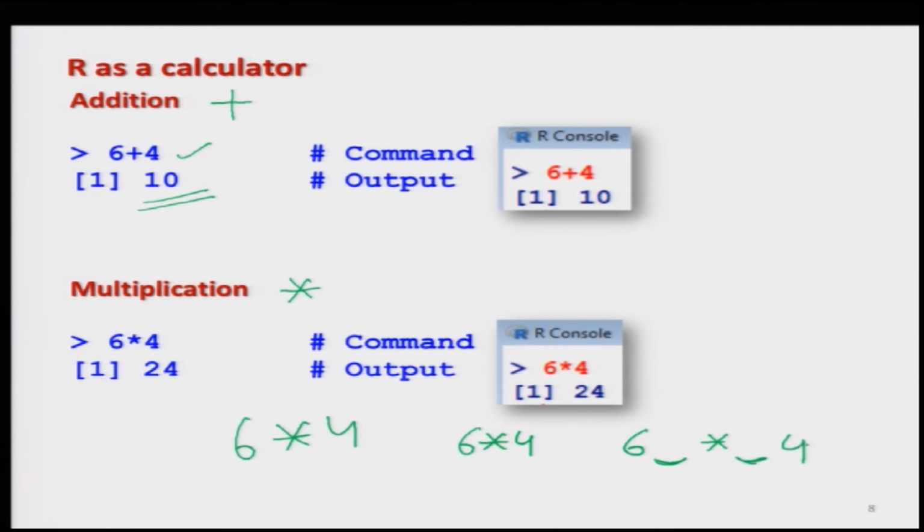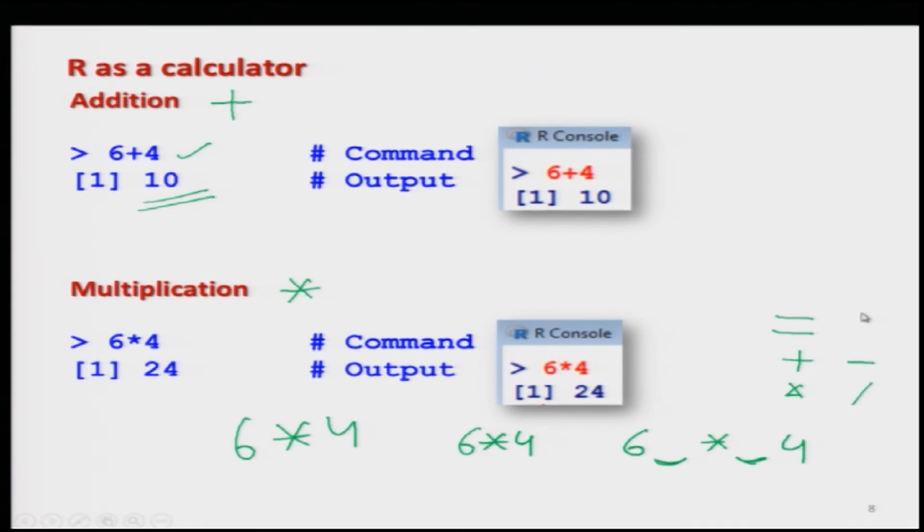They will give us the same number. I would like to clarify that this is true for all the mathematical operators. Whether it is the equality sign, addition, multiplication, or later subtraction, division, whatever you want, the blank space is not really going to make a difference.